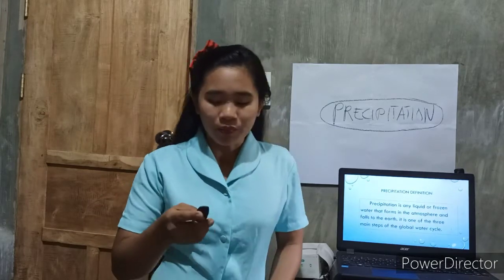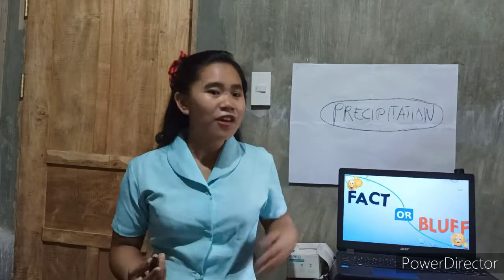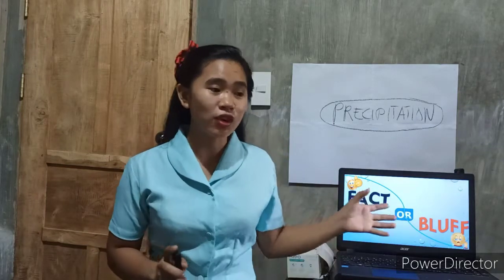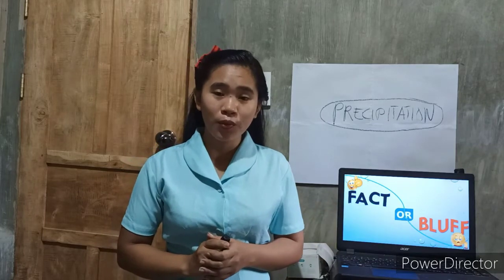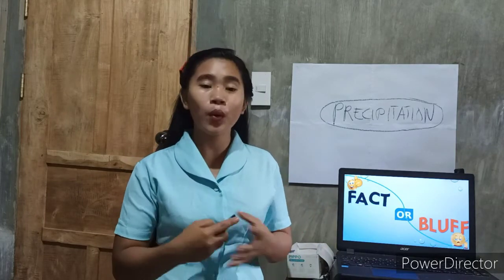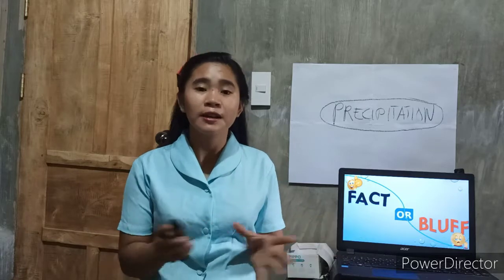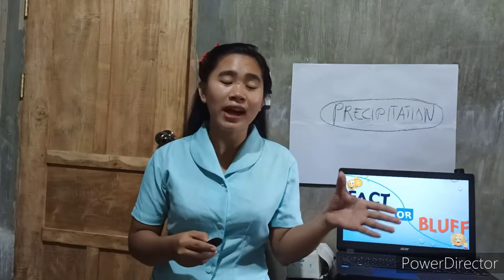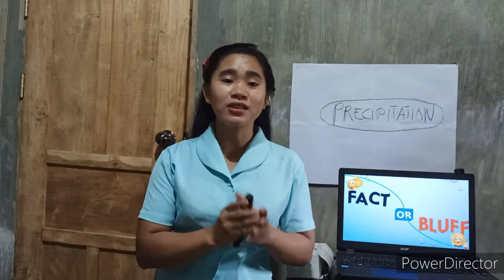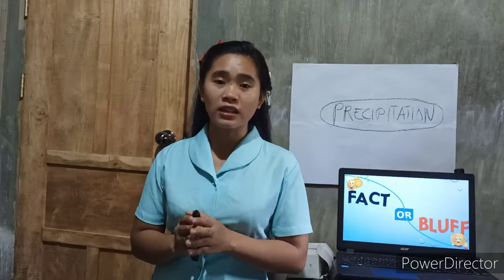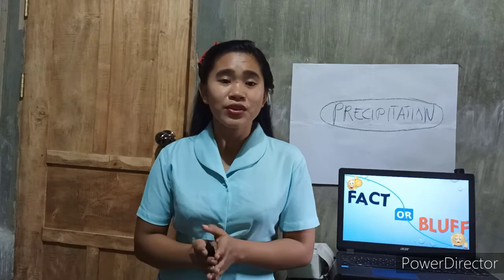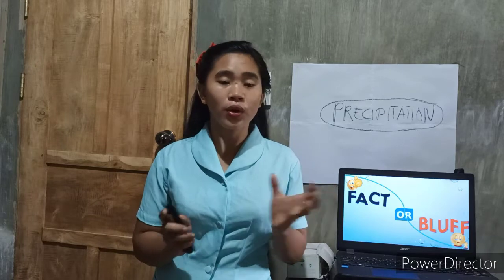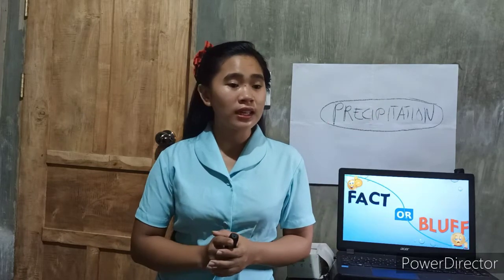Next, I would like us to play Fact or Bluff. Does everybody know the mechanics of the Fact or Bluff game? I am going to show phrases or sentences about precipitation, and you are going to say if it is either fact or bluff. When you say fact, it is true. When you say bluff, it is not true. Since you are already in four rows, you are going to be grouped in four.